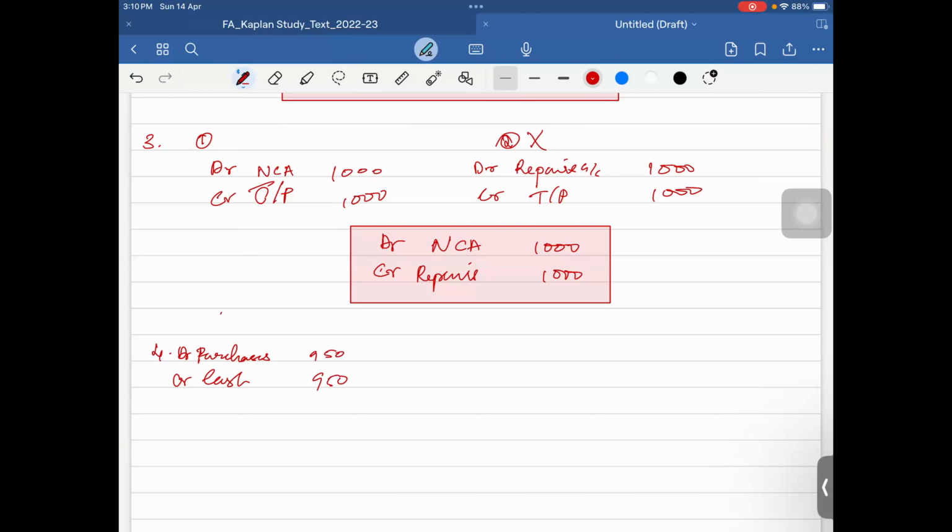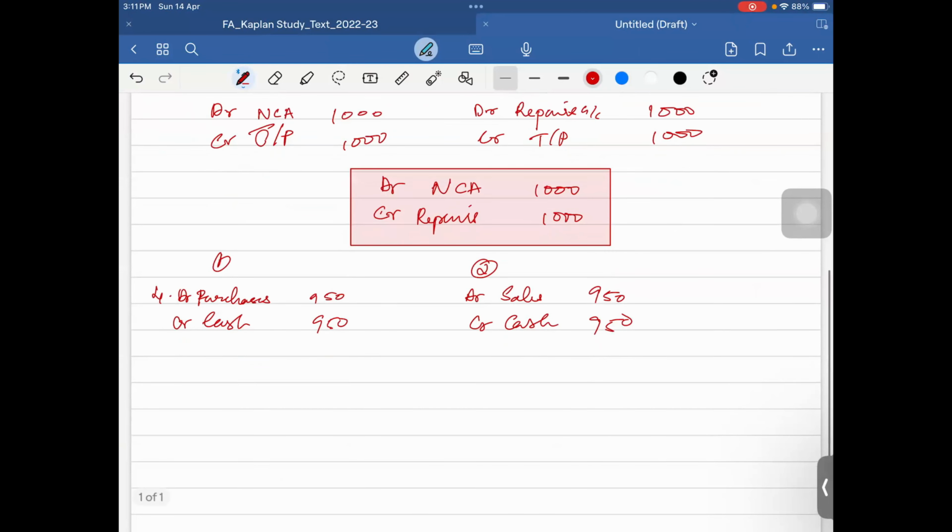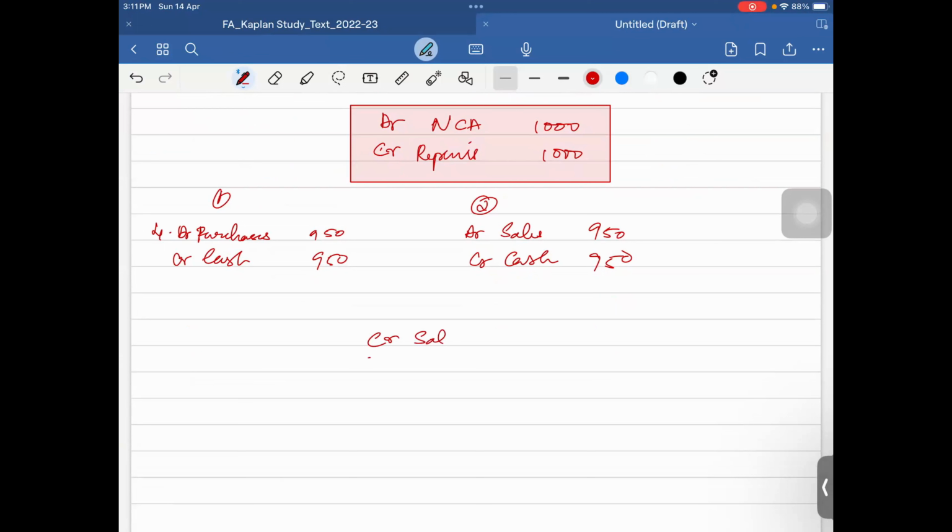What is the wrong entry they did? They debited it to sales, right? So you're going to cancel it and credit the sales and debit the original entry as it is. Clear? Simple.